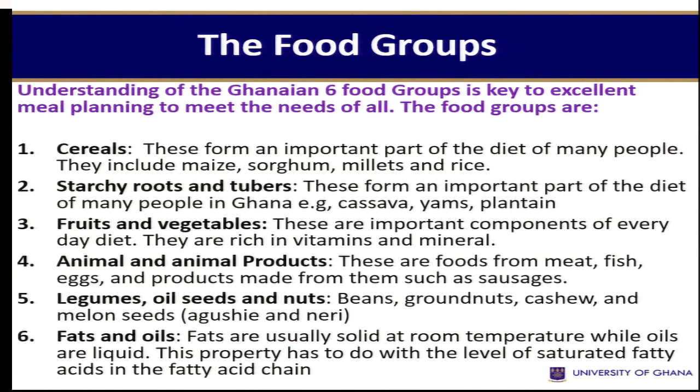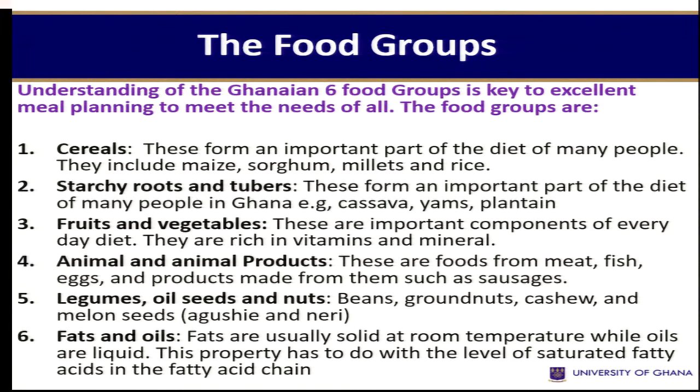So to be able to do diversification, it is important that we understand the Ghanaian 6 food groups. We have the cereals and grains as number 1. We also have the starchy roots and tubers. These two are the energy-giving foods based upon the new classification that the Ghana Health Service has come out with.